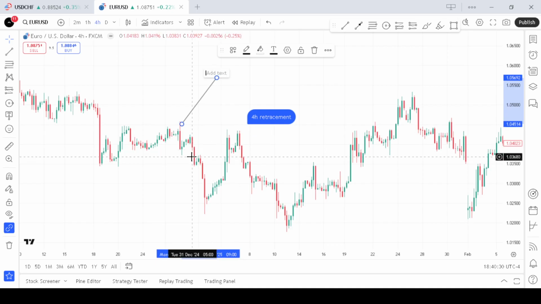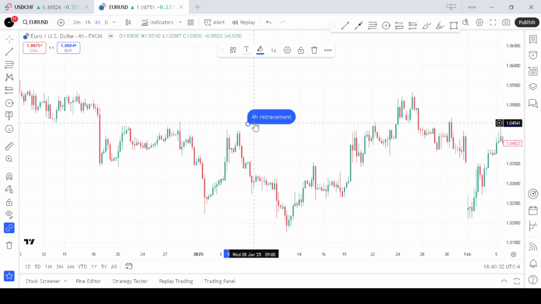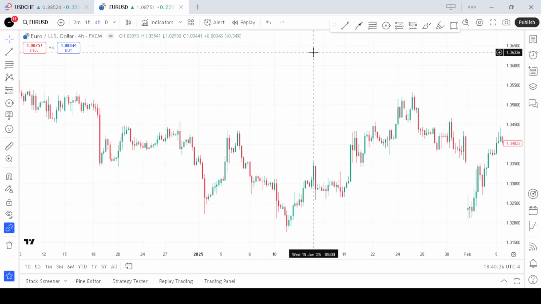By using annotation tools effectively, you can turn your chart into your personal trading journal. Whether you are tracking price action in real time or reviewing past trades, this tool provides a clear record of your thought process when analyzing your chart. Incorporating them into your workflow will not only improve your analysis but also help you stay consistent in your trading approach.